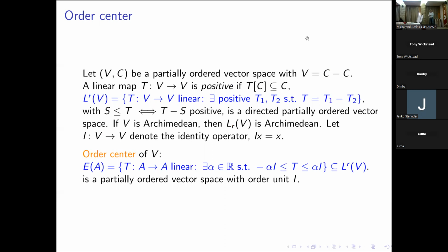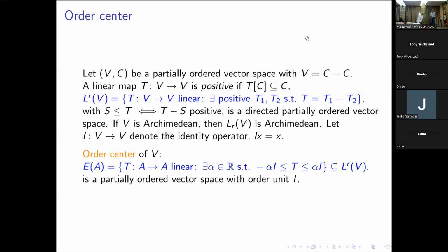Then we can look at the differences of positive operators. It gives the order: the difference is positive if it maps the cone into itself. That defines a partial order on this space, and it turns out to be a partially ordered vector space. I think most of us are completely familiar. And if V is Archimedean, then also this space will be Archimedean. And we have the identity operator that is in here because it is positive.